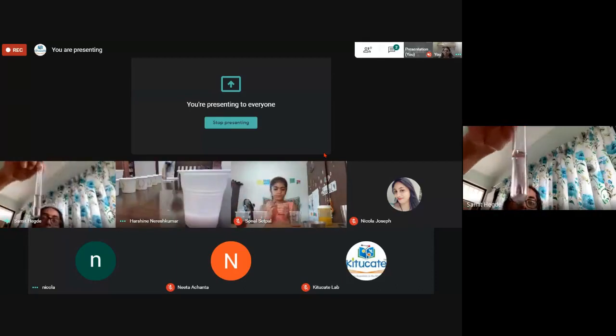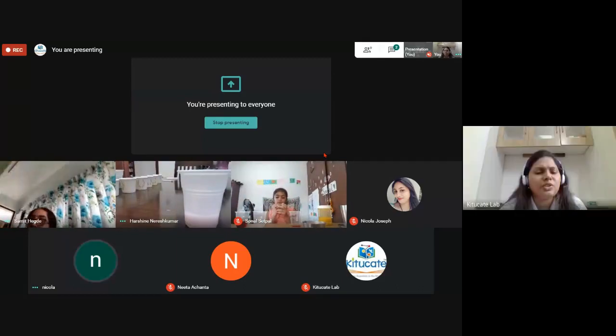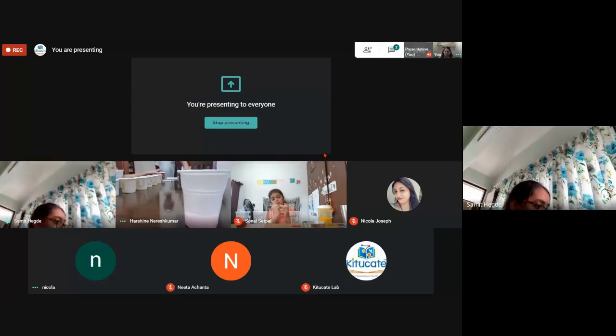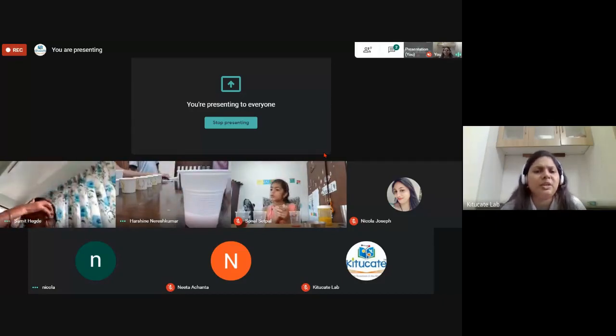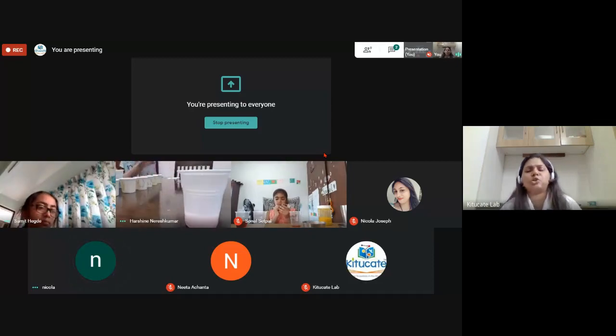With shampoo, it's still pretty much colorless. With soap, it's faint pink. Samit? With shampoo, yeah. As I previously told you, shampoo would be more towards the neutral. Shampoo and hand wash will be very close to the neutral.